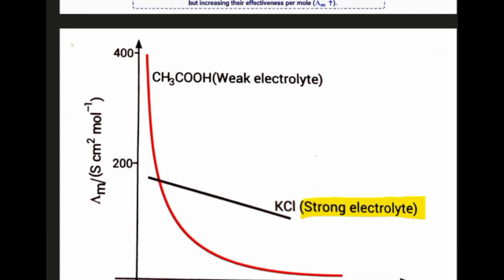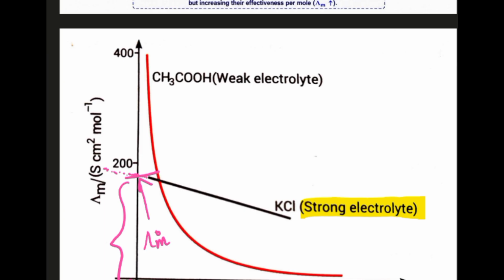Now, if I extrapolate it, extrapolation means extending it backwards, then it will meet at the y-axis where the concentration is 0 and there is a value for lambda m, and this is your lambda m naught. So this is for strong electrolyte.